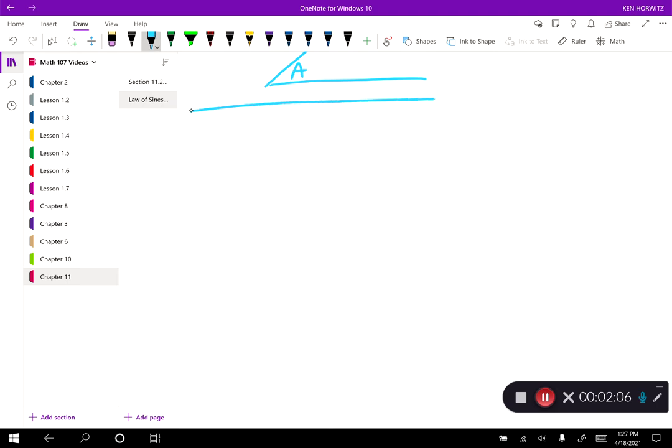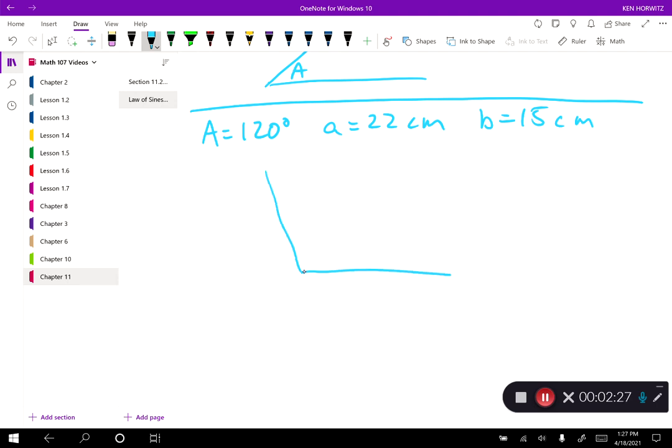So let's start with angle A equals 120 degrees, side A equals 22 centimeters, and side B equals 15 centimeters. There's my 120 degrees. There's my 15.